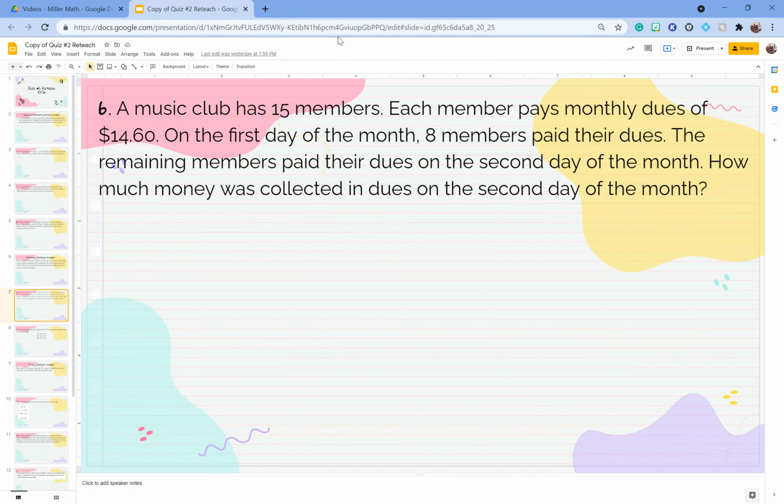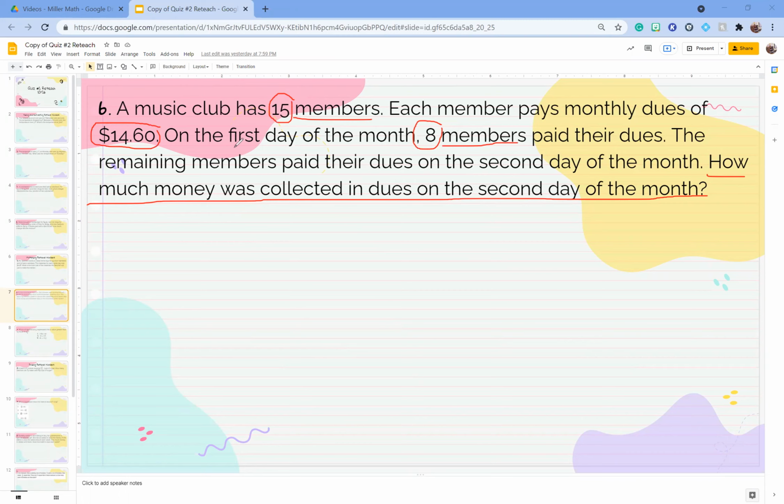So let's go ahead and analyze. How much money was collected in dues the second day of the month? That's our question, and here are my numbers. We start off with 15 members, 8 members, $14.60.